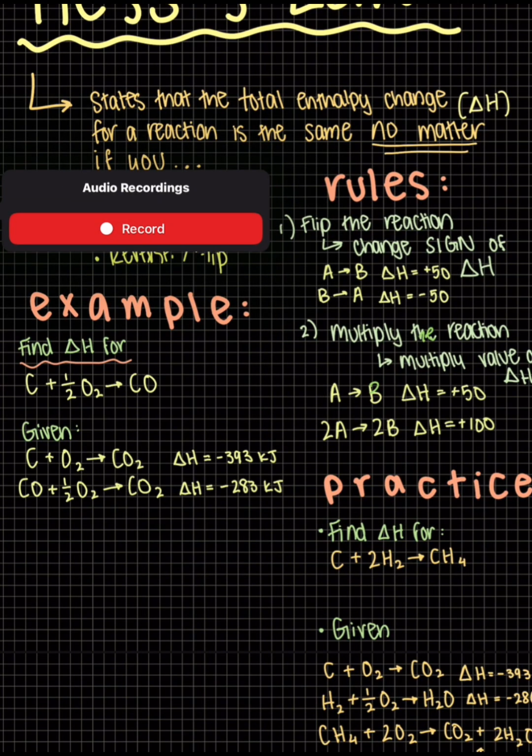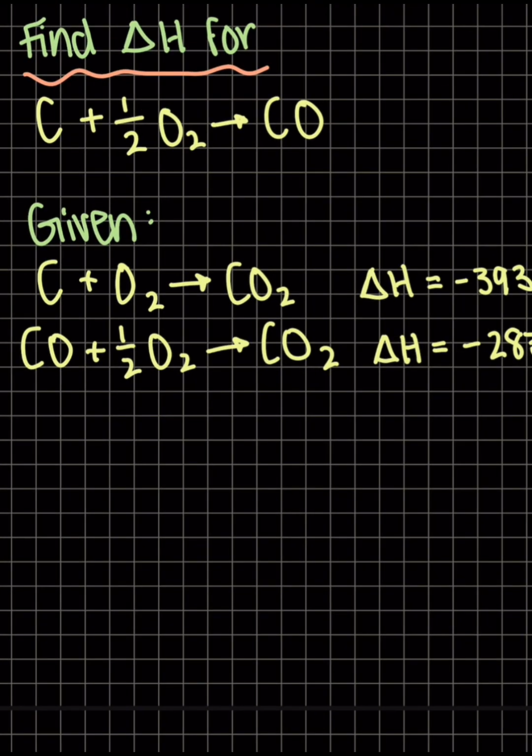So first things first, I want to look at where everything is and what I need to get. I see here I have 4 different types of species. I see that I have C, I have O2, I have CO, then I have CO2, right? But in my goal equation, what I want to call my goal equation, I don't see any CO2, meaning that I need to find a way to cancel the CO2.